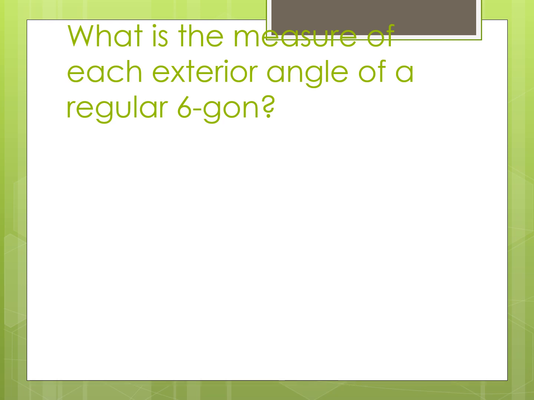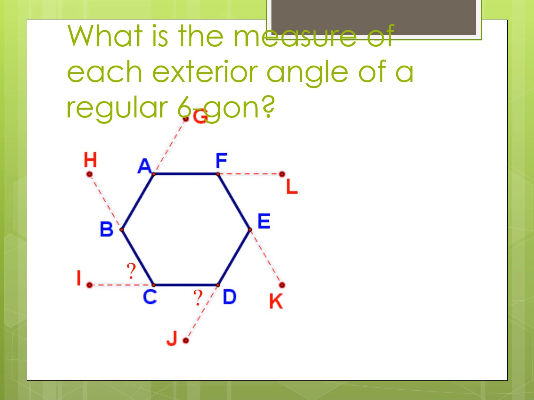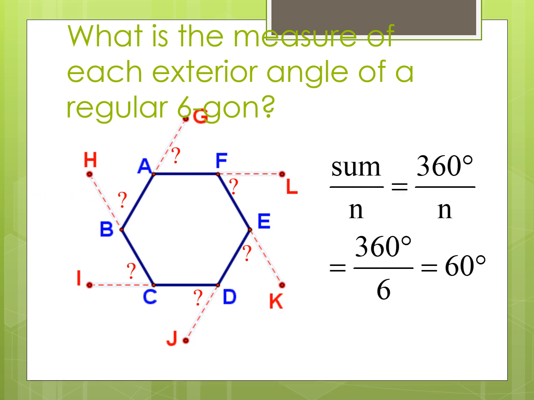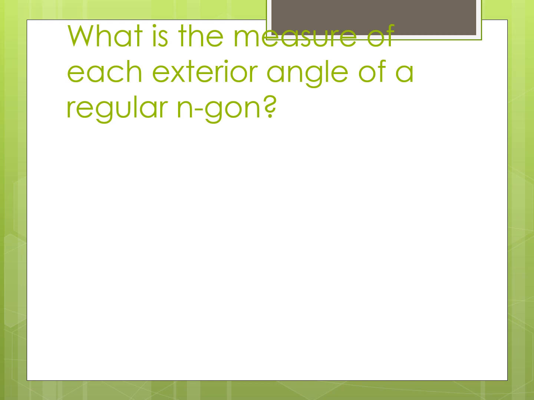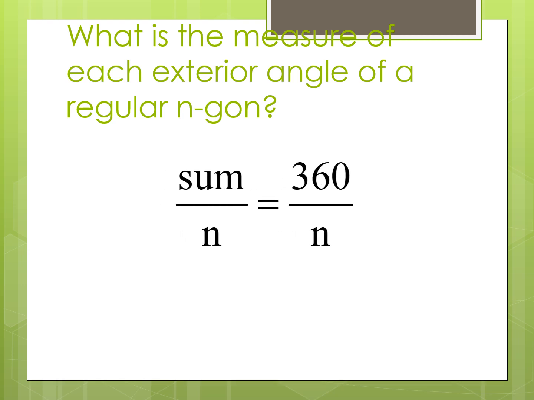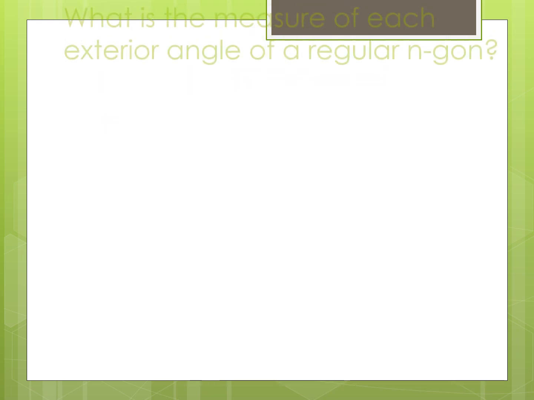The regular six-sided polygon's exterior angle measures 60 degrees because the interior angle is 120. So if we are going to identify the exterior angle of a regular polygon, we have to divide 360 by n.